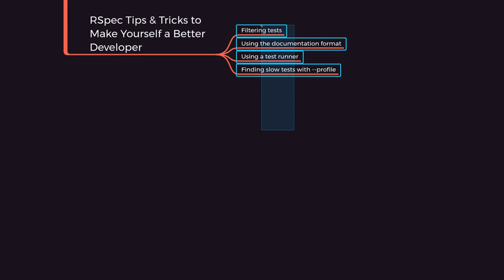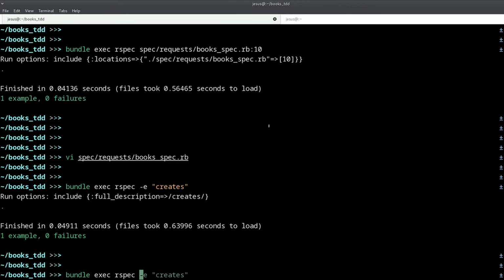So these are specific for RSpec, although if you're using Minitest, there are also equivalent ways to do this. In Minitest, you can also filter tests, you also have different formatting options, and there are also test runners. So the documentation format, this is one of my favorites as well.